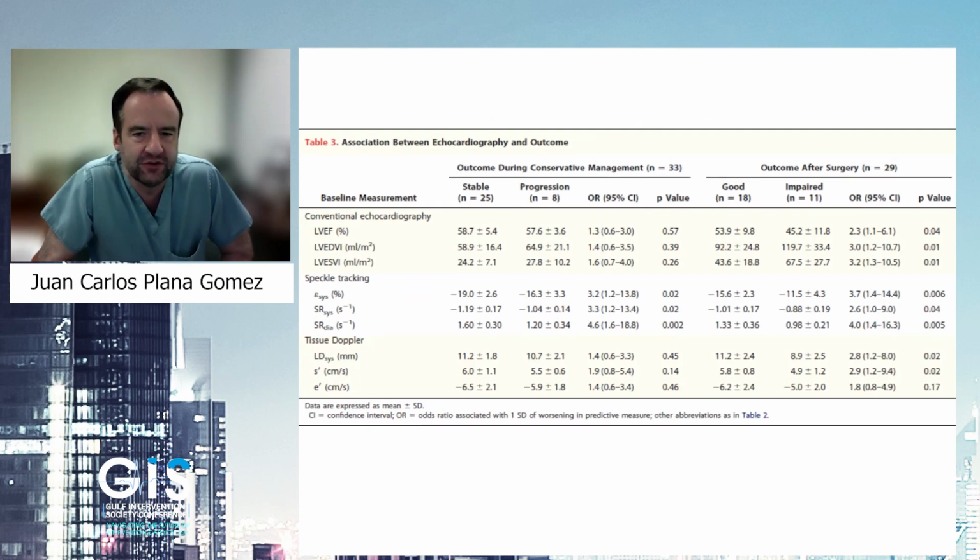You see the p-values, they are all not statistically significant. Nevertheless, what allows us to separate these patients was the global longitudinal strain. You see that for the ones that were stable, the mean value was minus 19, versus the ones that had progression, who had a strain value of minus 16.3, with a p-value that was statistically significant.